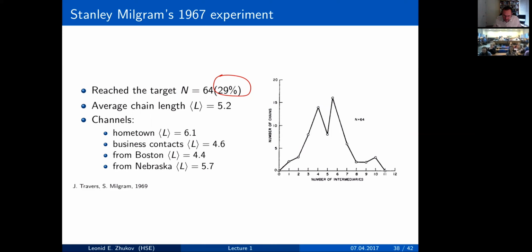What you see here is this number of intermediates, and on the vertical axis, the number of chains. If you look at this graph, first of all, there are two peaks here, right? It means the majority of the letters were delivered either in 4 steps or in 6 steps, right?